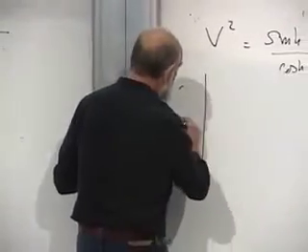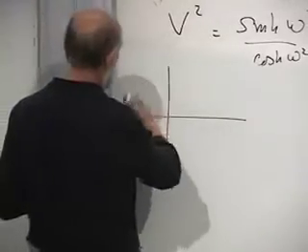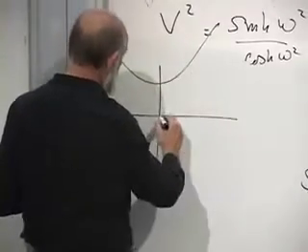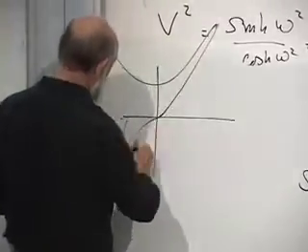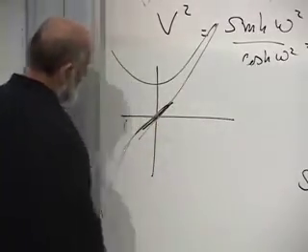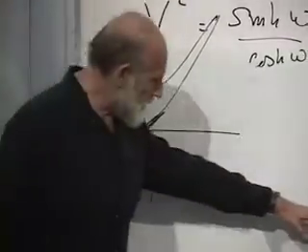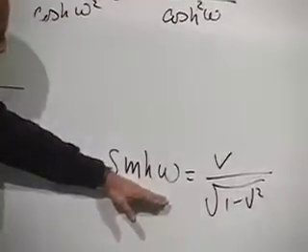The cosh function looks like this. The sinh function looks like this. But it crosses the axis with a slope of 1. For small omega, sinh omega is proportional to omega.